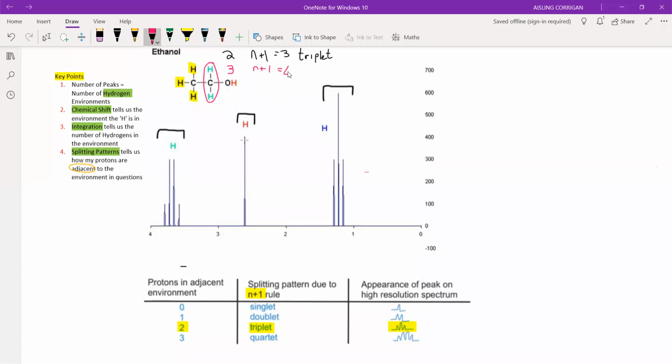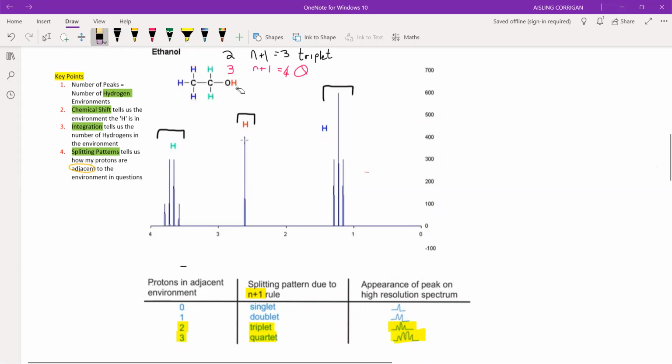And that's called a quartet. And that's why there's 4 splitting patterns there. So again, the splitting pattern tells us the amount of protons adjacent to the environment, and you use the n+1 rule. So we had 3 protons beside it, n+1 makes it a quartet, and there's another way you can look at it as well. Just 1, 2, 3, 4.